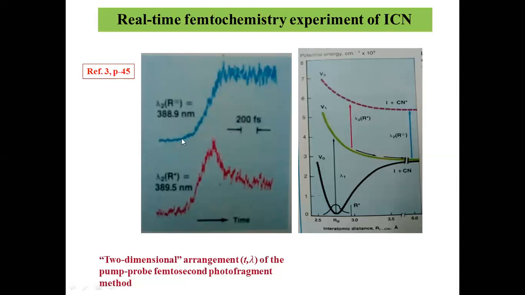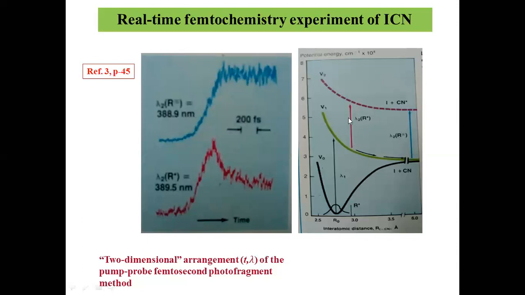So initially it is 0, then when it reaches, there is a plateau, because now CN is going to be resonant with this, right? But if I detune this probe pulse to the higher lambda, or the lower frequency, that means R is now R star, which is in the transition state region, so that is not separated.